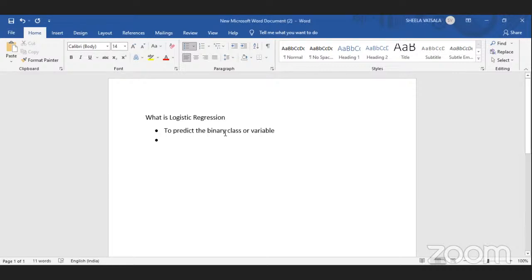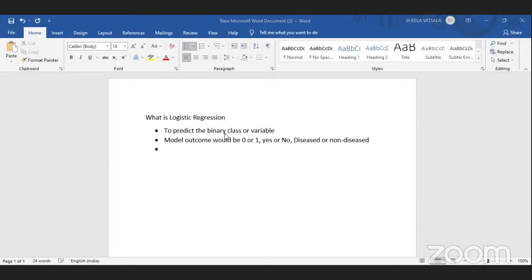The model outcome would be 0 or 1, or yes or no, or diseased or non-diseased.